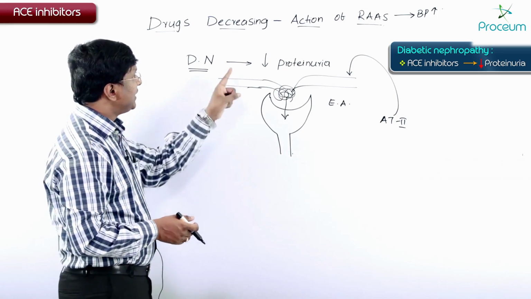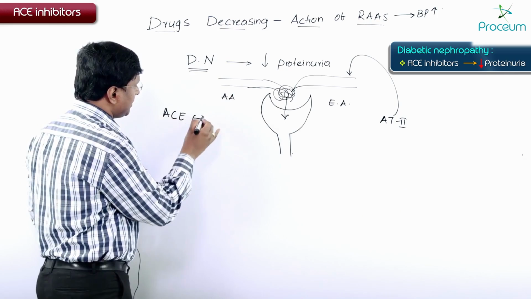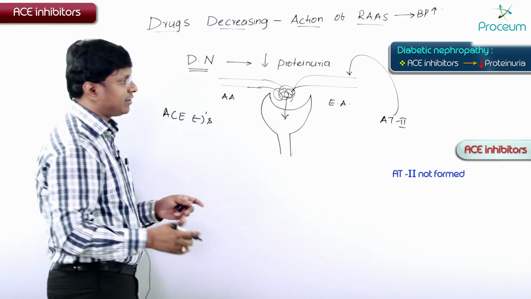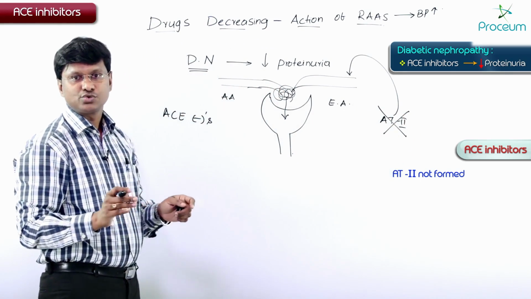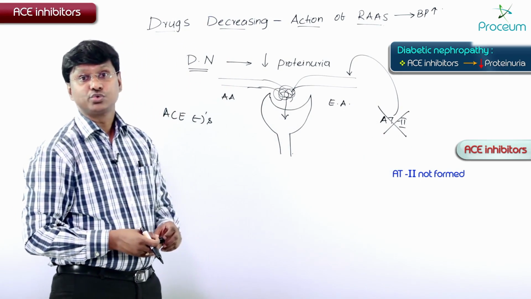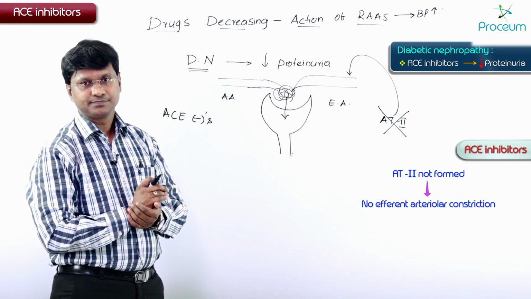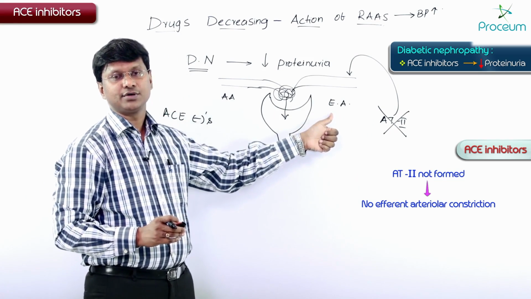Now when you are using these ACE inhibitors, there is no question of the formation of angiotensin 2. When angiotensin 2 is not formed, there is no efferent arteriolar constriction.